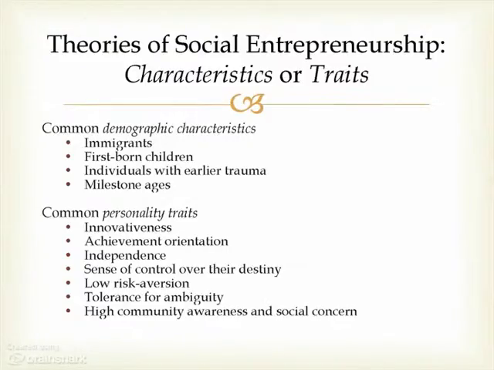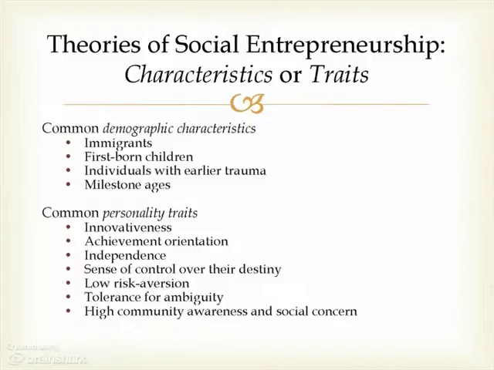So to continue our discussion of the theories of social entrepreneurship, there are certain demographic characteristics that have been identified for entrepreneurs. For example, entrepreneurship activity is more likely to be found among immigrants, firstborn children, and individuals who suffered some trauma at earlier points in their lives.